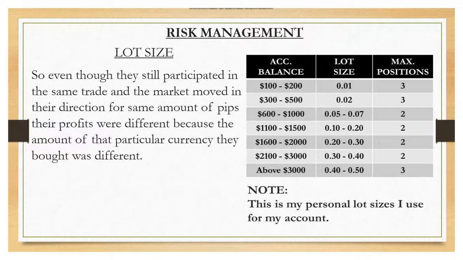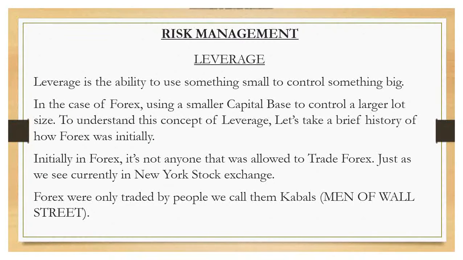With 2000 to 3000 accounts I trade 0.30 to 0.40 lot size, and I open a maximum of 2 positions. That's how I do it. So you can see how I have done mine, and you can do your own differently, or you can copy it and use it. But this is my personal one that I use.